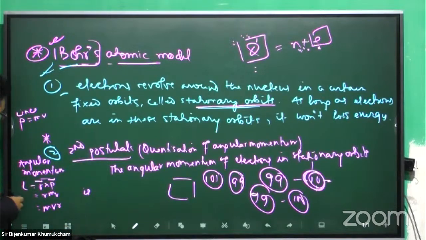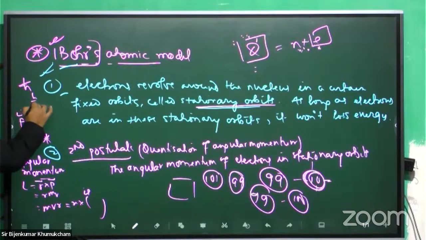It says that the angular momentum is quantized, meaning this m v r is equal to some n times some basic unit. What is that basic unit? When you discuss quantum physics you will find a term h cut, h cut is Planck's constant over 2 pi, h by 2 pi. This is a very popular term.